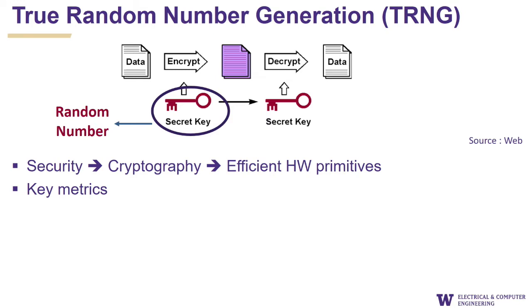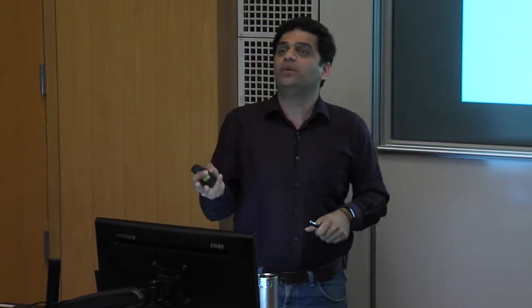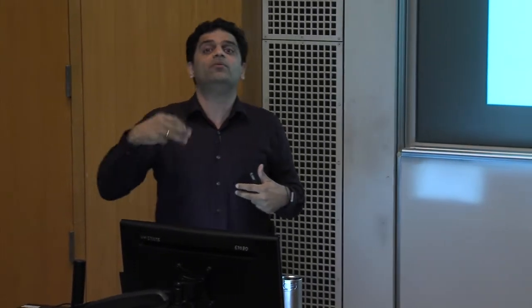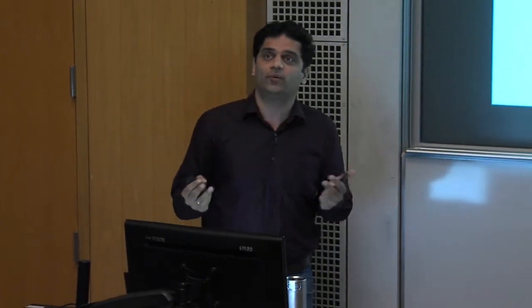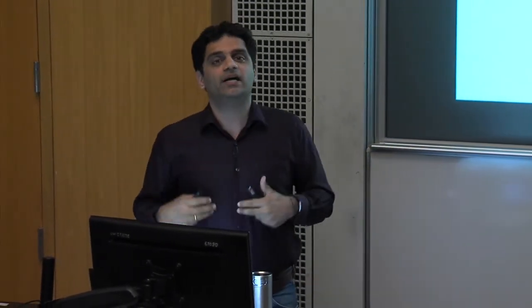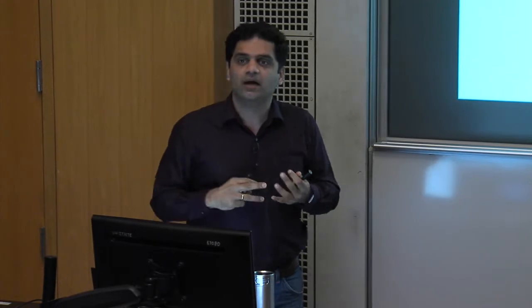And there are key metrics that TRNGs need to have. The thing to note, of course, is before hardware TRNGs came along, you could build almost truly random sequences in software, right? The only downside was they would be dissipative and the bit rate wouldn't necessarily be as high.